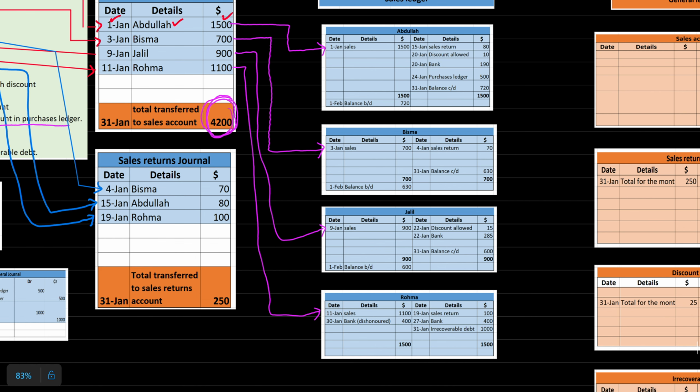Similarly, when goods were returned to us by the customers, as goods returned by Bisma were recorded in the sales returns journal, they are then posted on the credit side of Bisma's account and will be debited in the sales returns account at the end of the month.